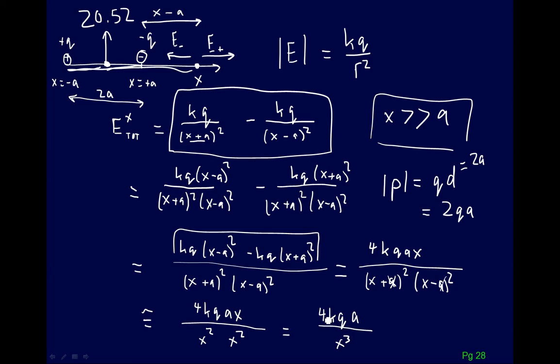And so if I take that here, that gives me back a 2, because I use one of the 2's in here to make that 2q times a. So I can write 2 times k, and then I'll have a 2qa left over, which is just the same thing as that p, that's just their definition, over x cubed. And so I get exactly what they're looking for there. And of course, we remember that this is in the positive x direction.